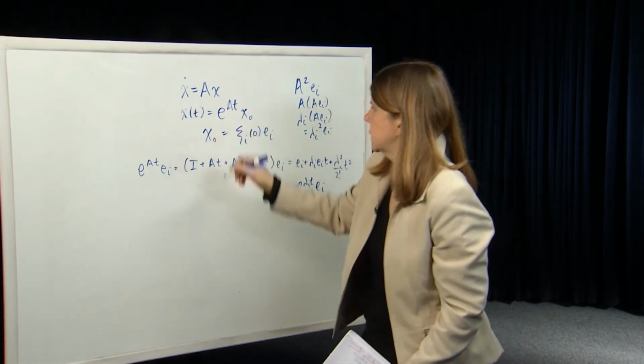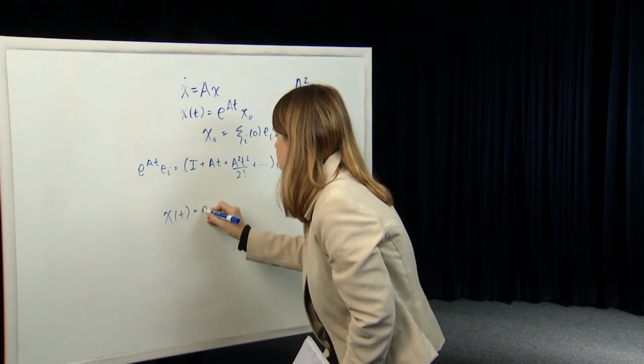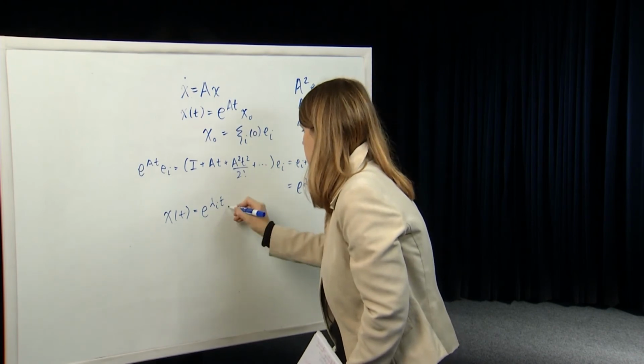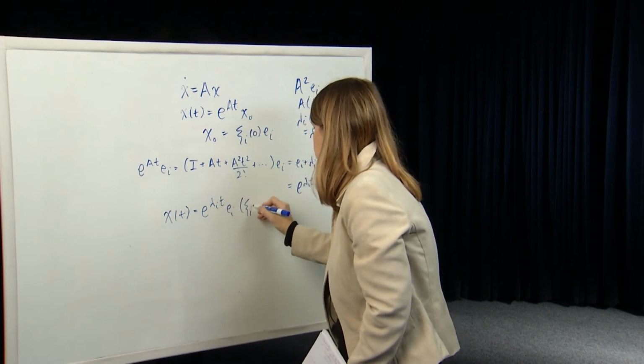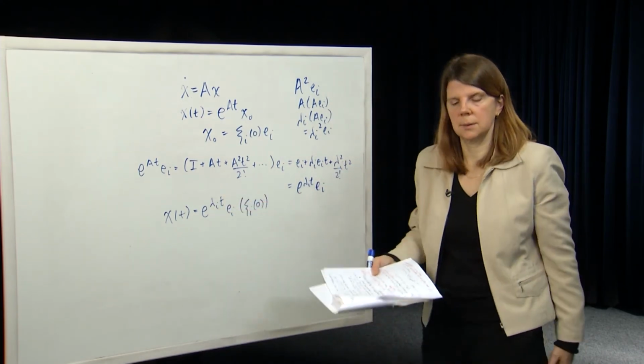So that tells us that if we use this as an initial condition, then x of t is equal to e to the lambda i t times ei, and then we've post-multiplied by this scalar function. So that's just a scalar which affects the magnitude of this.